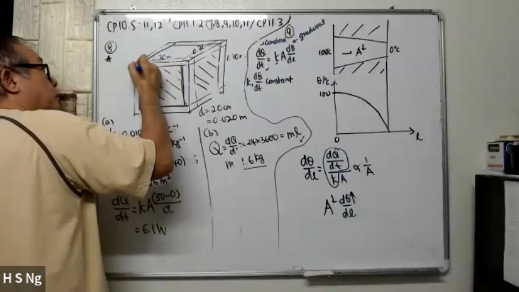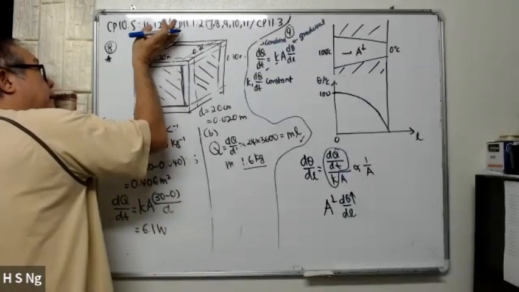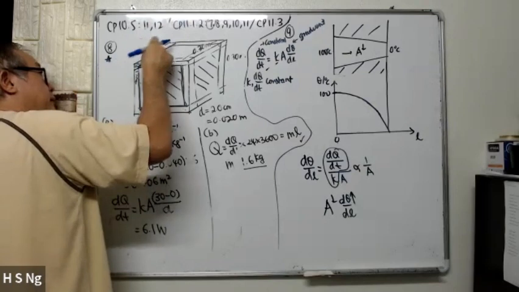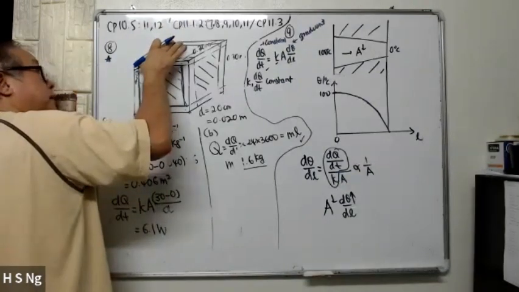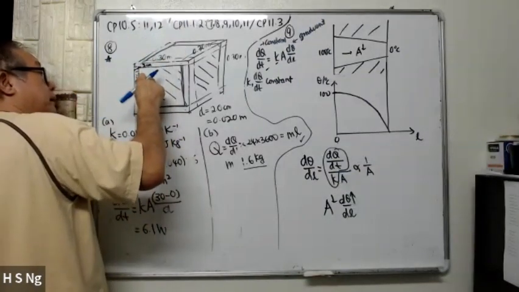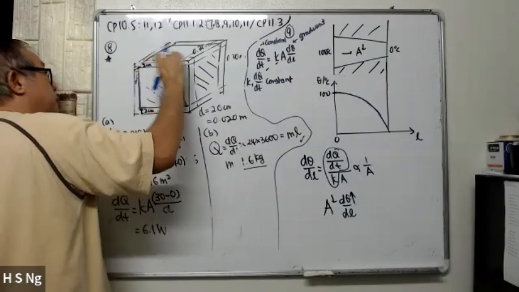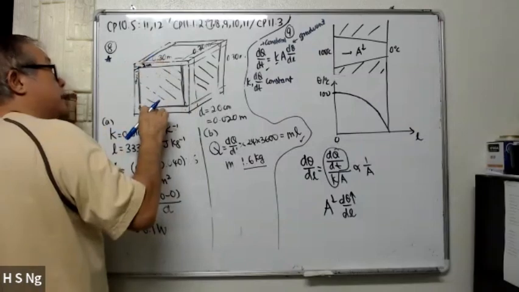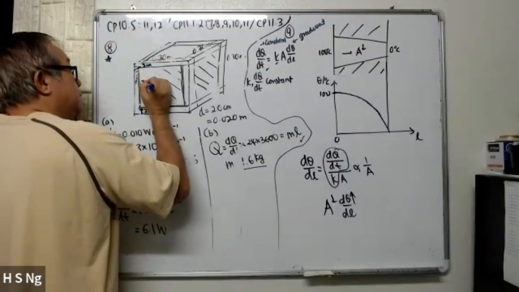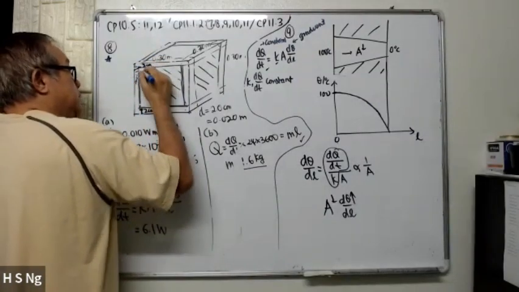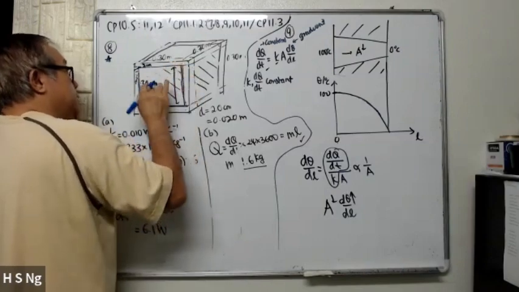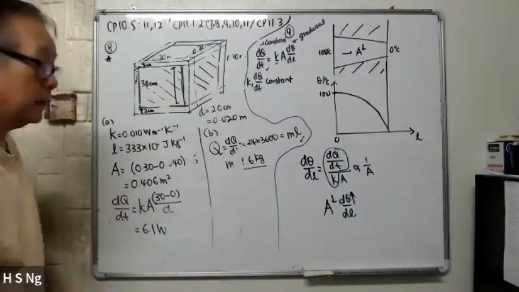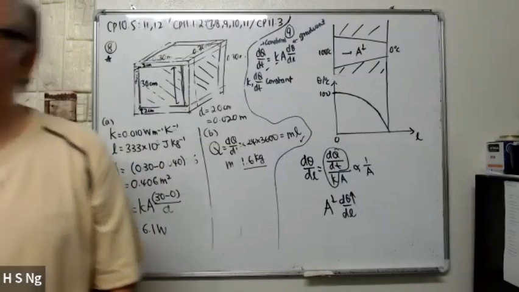It cannot practically go through this part, because this area is so thick. So from this side, the heat cannot go through. Understand or not? So this is 2 centimeter, 2 centimeter. So here is 30 centimeter. So the effective area is 30 minus 4. Understand?